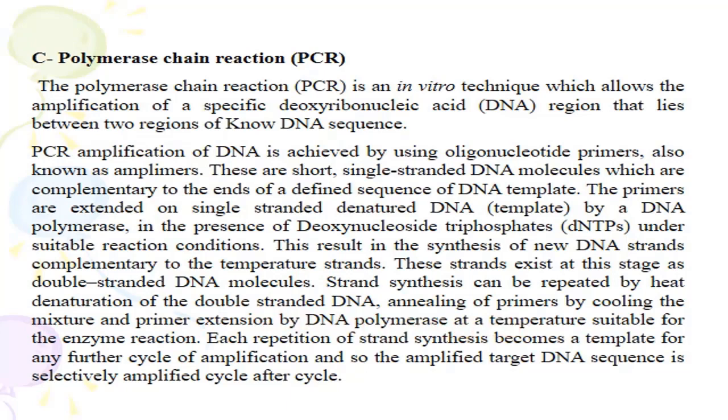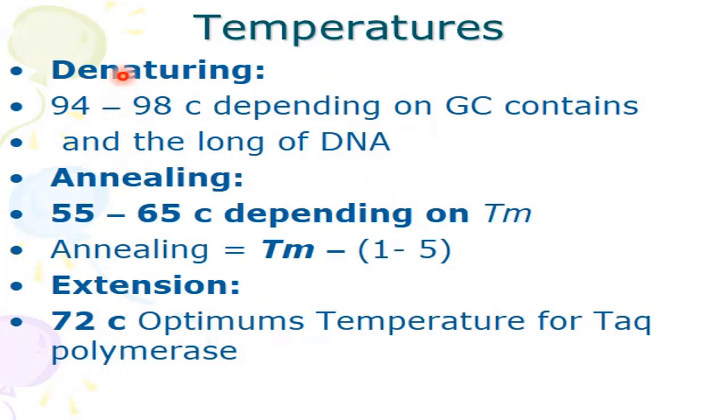Then each cycle of PCR consists of denaturation, annealing, and extension.